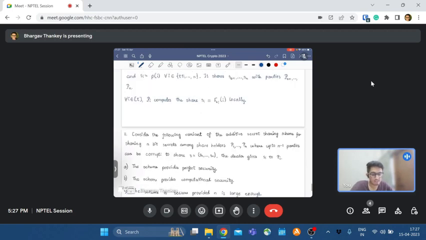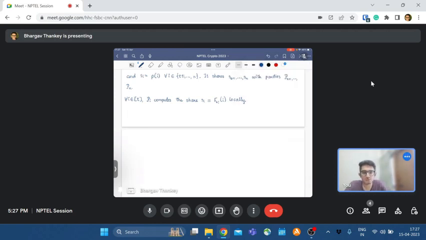But we also need to show that this scheme is secure, right? And again, the proof would rely on the fact that A is computationally bounded, and so it can't distinguish between random and pseudo-random strings.